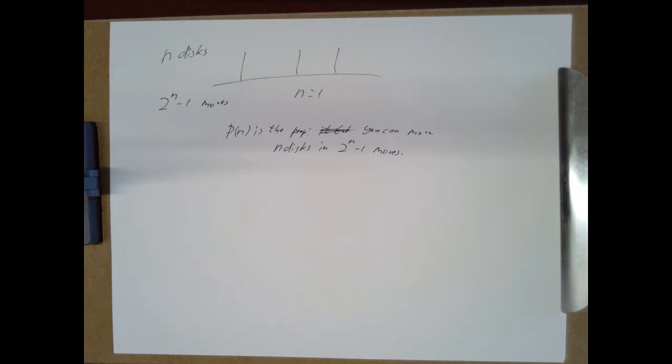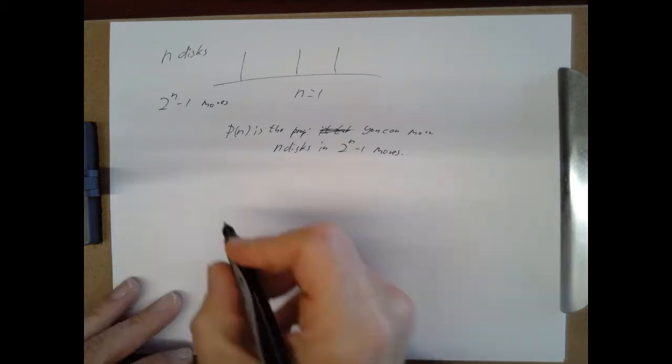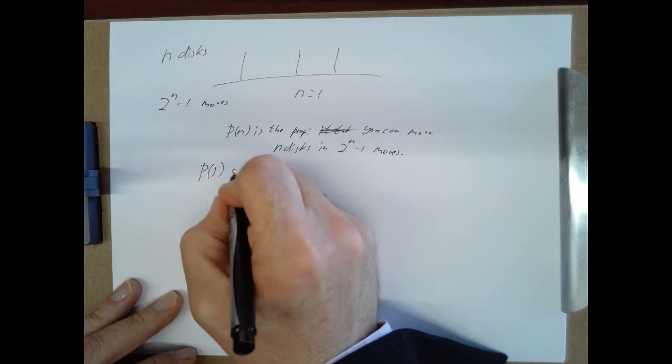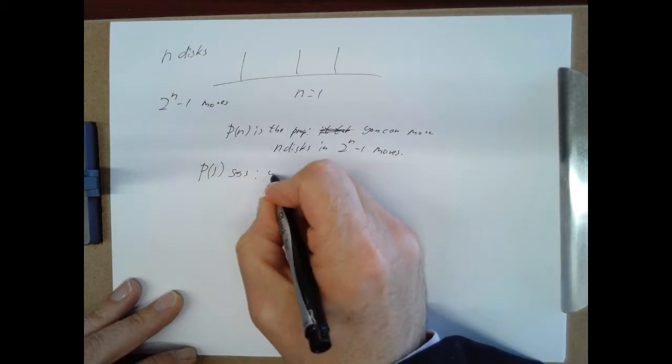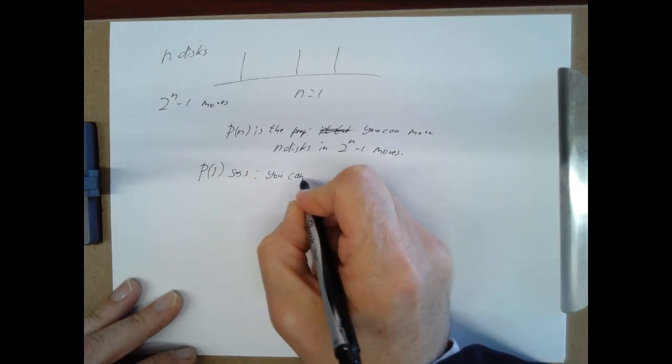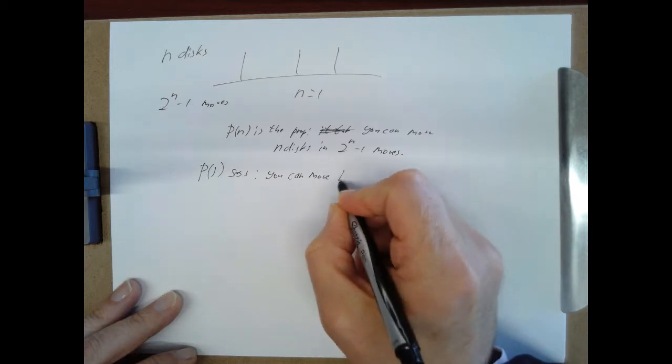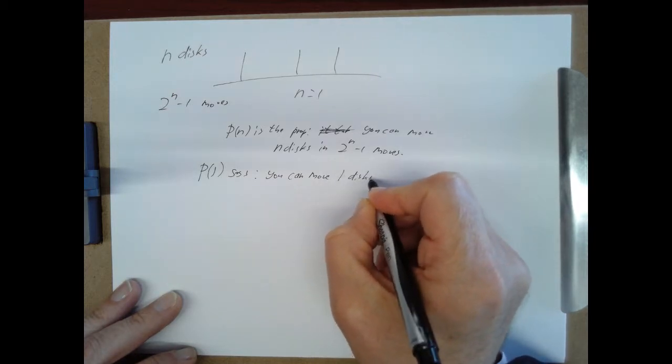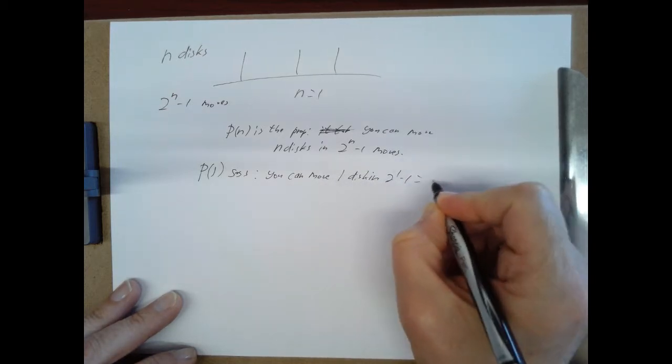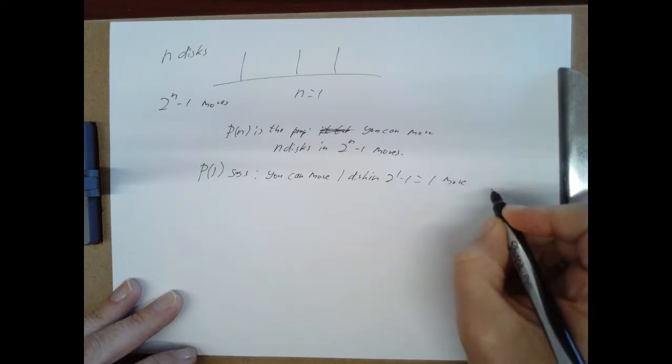But what we've shown is that 2 to the n minus 1 moves is sufficient to move n disks. So P of n is that proposition. P of 1 says you can move one disk in one move. 2 to the 1 minus 1 equals 1 move. And that's true.